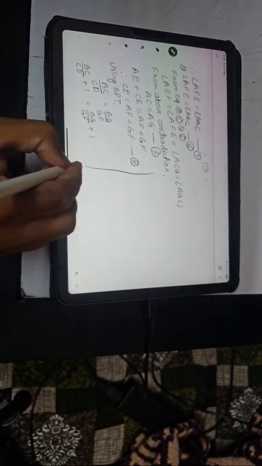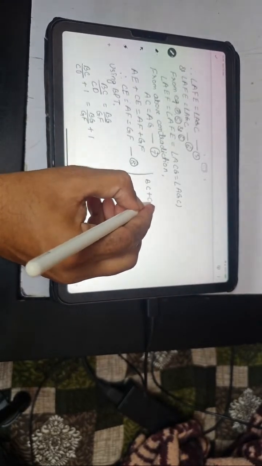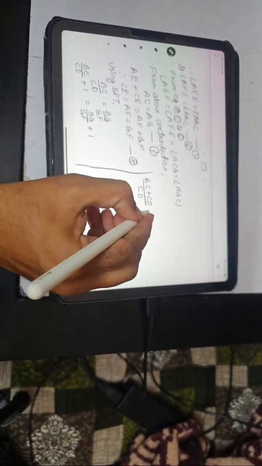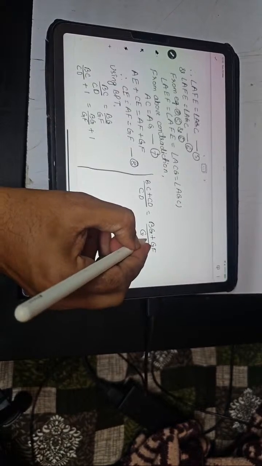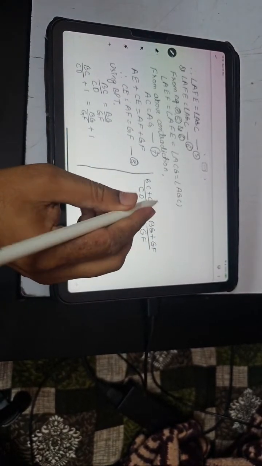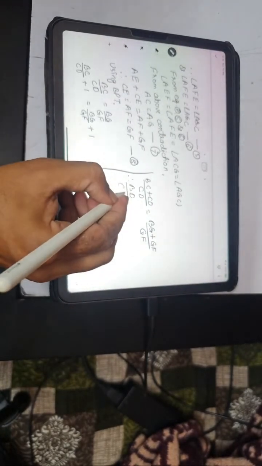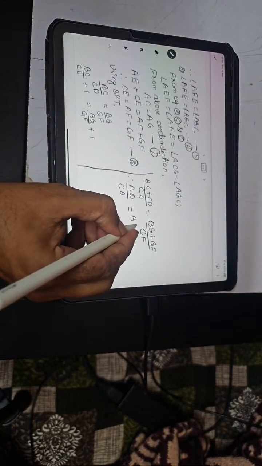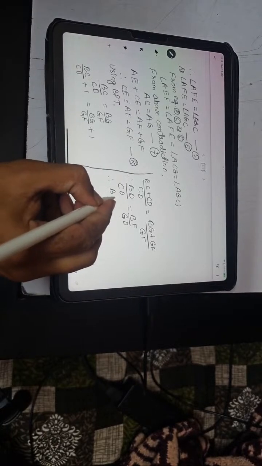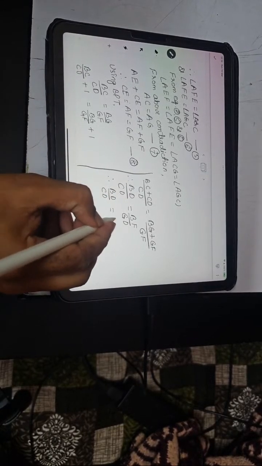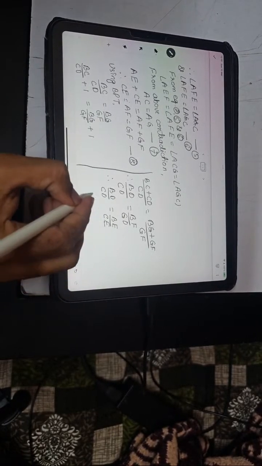So, I will get BC plus CD upon CD equal to BG plus GF upon GF. So therefore BD upon CD equal to BF upon GF. So therefore BD upon CD equal to BF upon CE. Hence I have proved.